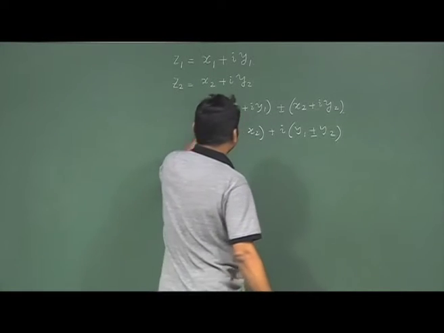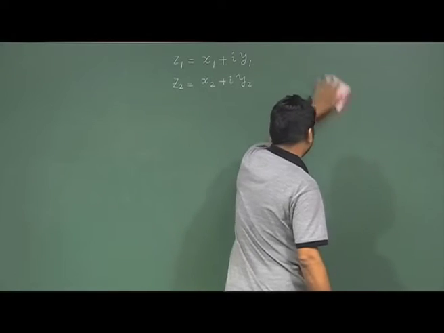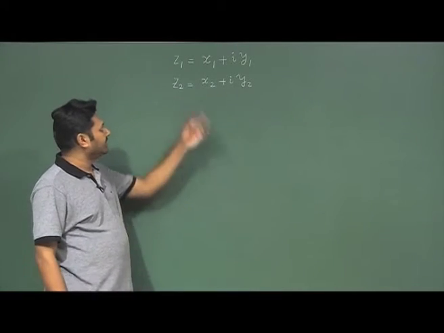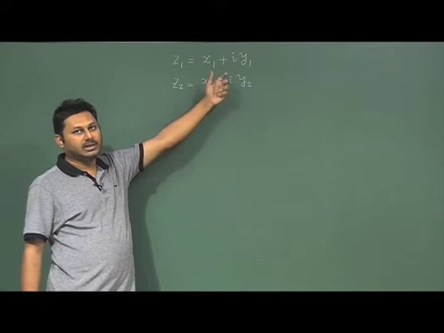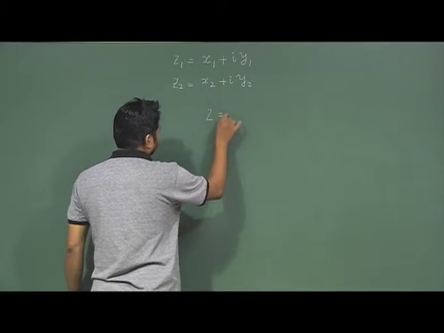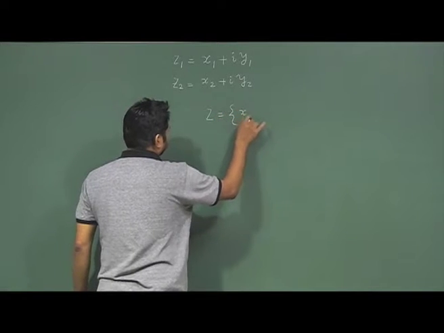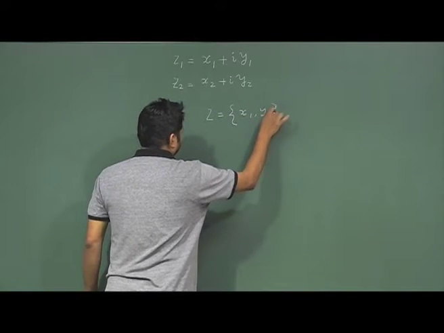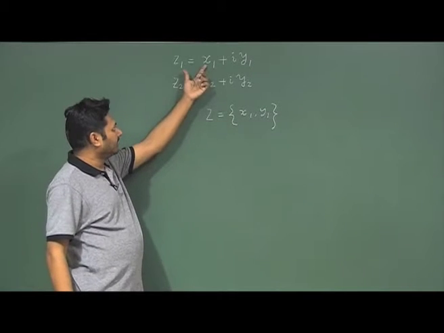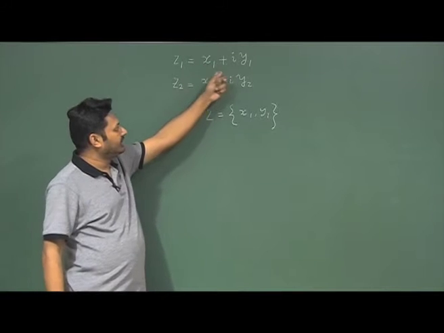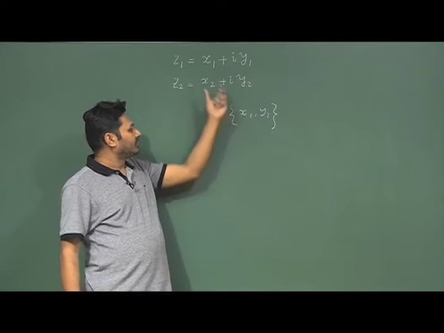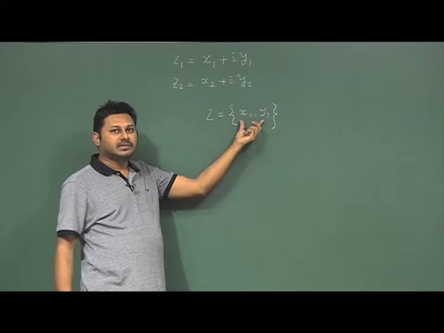Now, if I multiply these two quantities, what happens? Normally, if I say z is equal to x and y, essentially it is forming a pair. So, z is sometimes represented by this pair. The complex number is associated with a real part and an imaginary part.